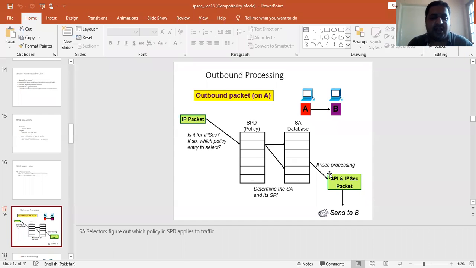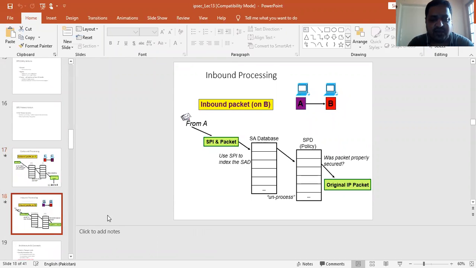So in this way, we are providing the security, just as we define different rules for a particular packet in the firewall. We are defining different policies for the packet, which packet needs to be allowed or given access to enter into the network, or which packet does not need to be given access to the network.